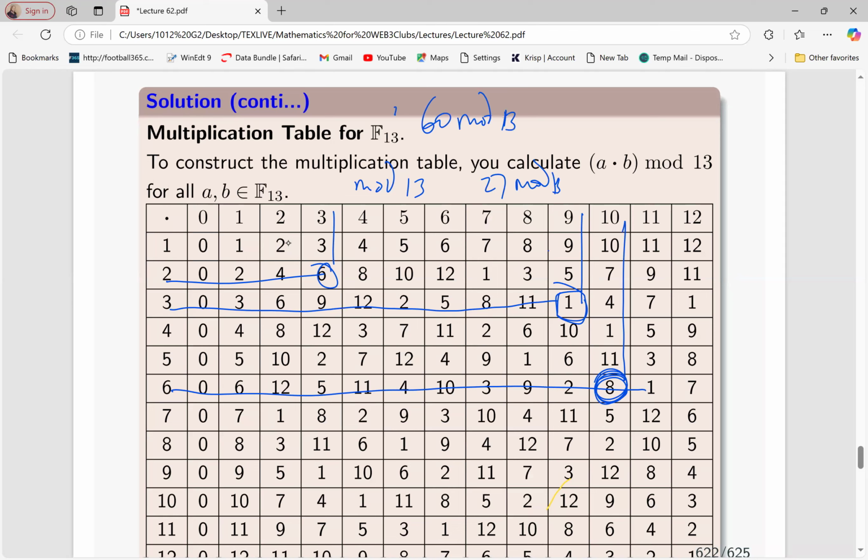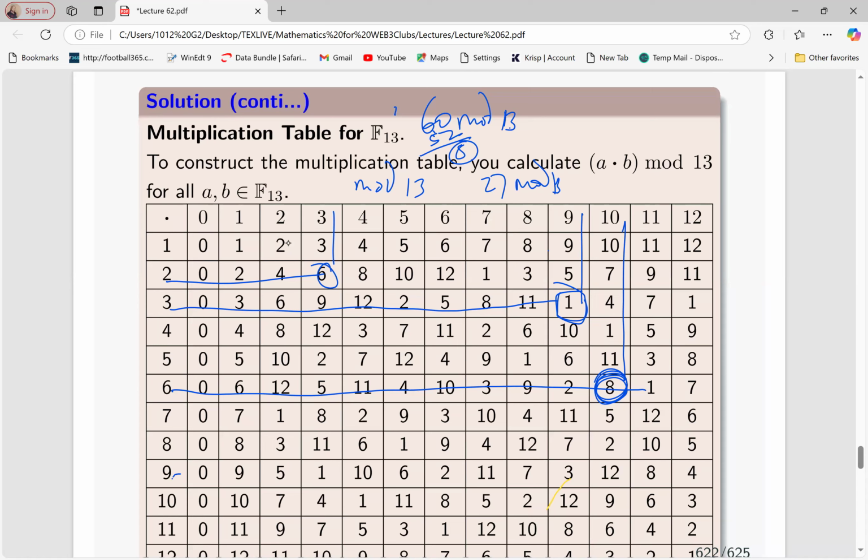That gives you 8, because 13 goes in not 5 times but 4 times, and you get 52. When you subtract, you have 8, the remainder.